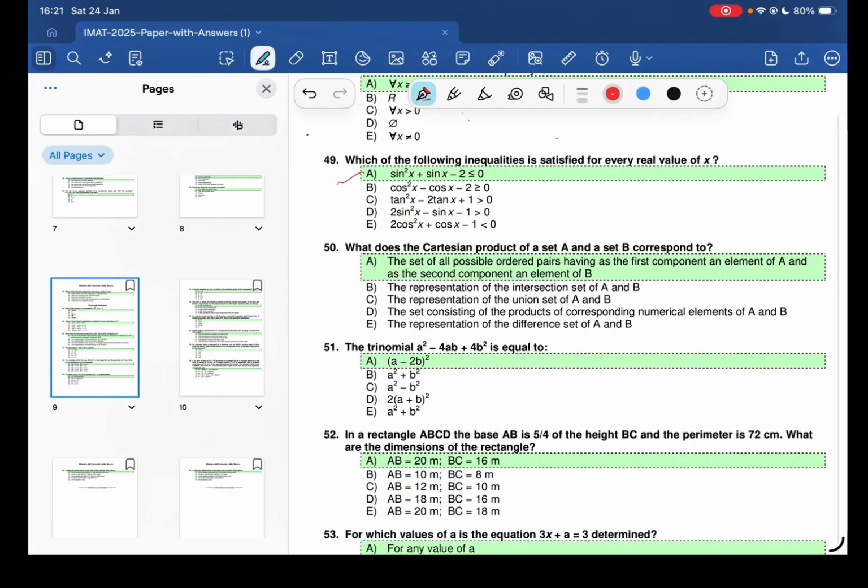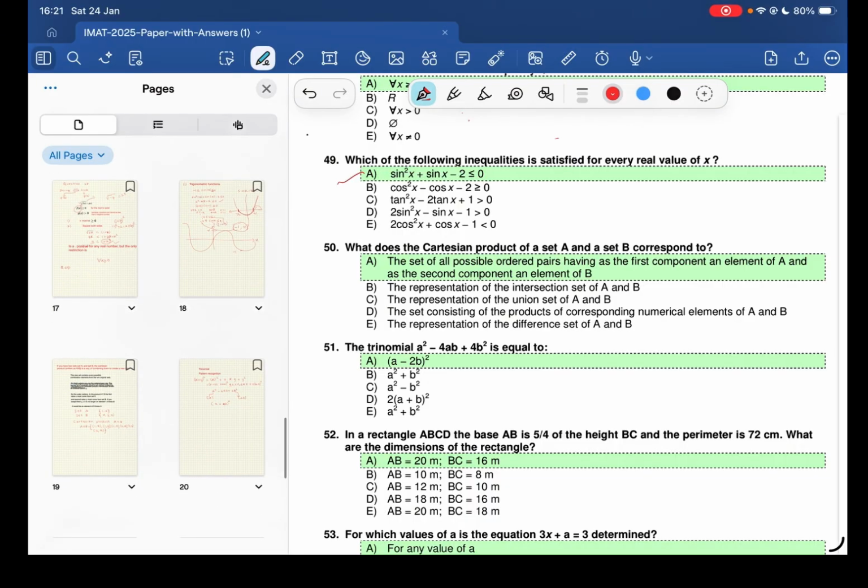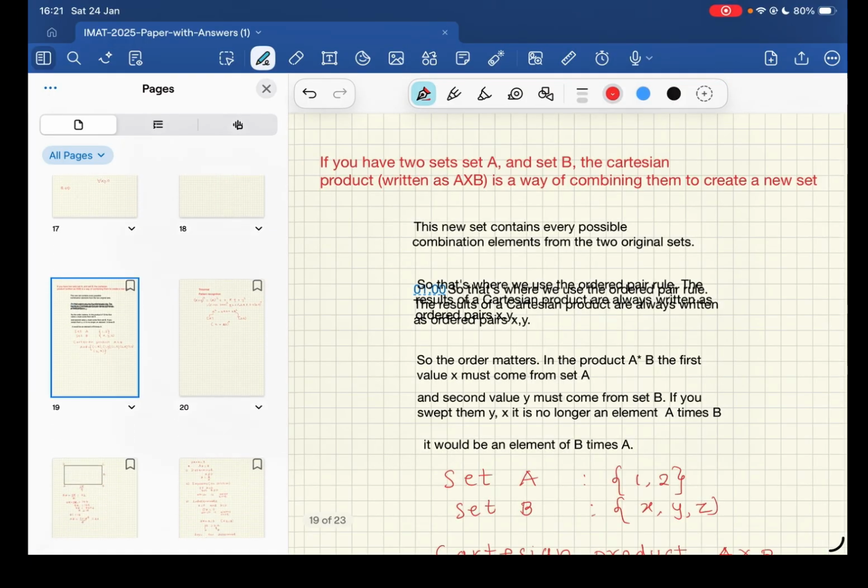Whether you are working with computer data, different databases, or vector calculus, this is fundamental, and the basis is the XY coordinate system. So if I solve this, try to understand. If you have sets A and B, the Cartesian product, written A times B, is a way of combining them to create a new set.